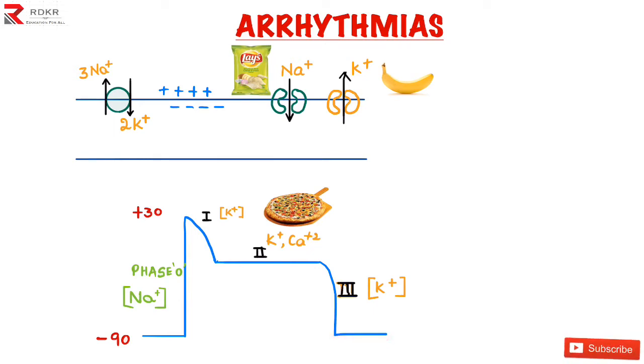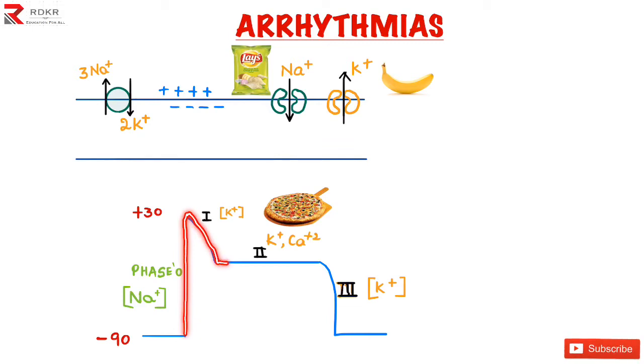A quick recap. The first point to remember, the resting membrane potential is because of sodium potassium ATPase. After this, you started eating Lay's, so the cell started to depolarize, and there is an influx of sodium. After completing the Lay's packet, you didn't eat the banana, so potassium efflux started, and due to this repolarization has started.